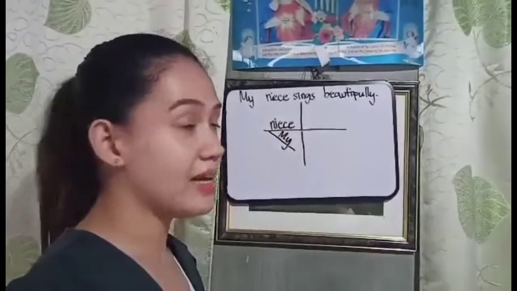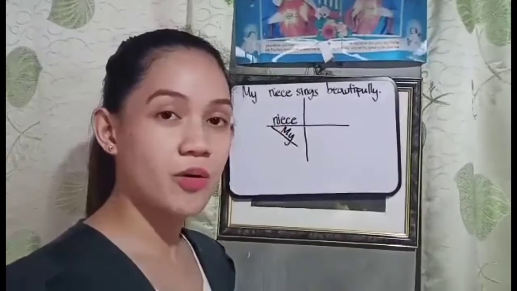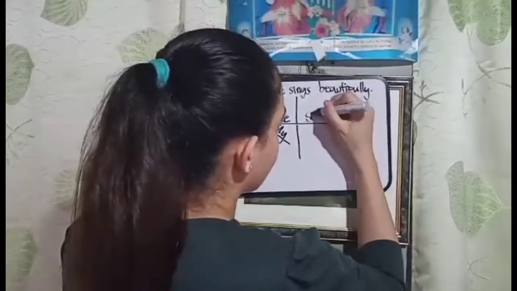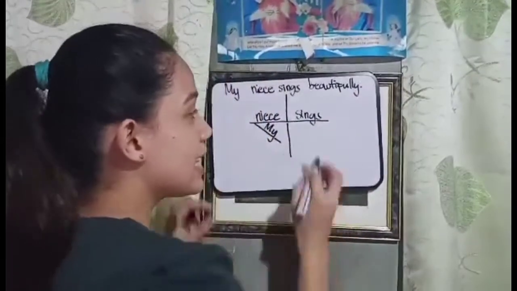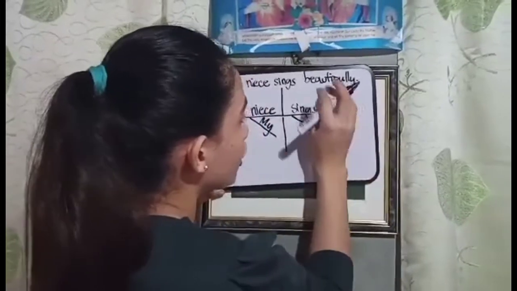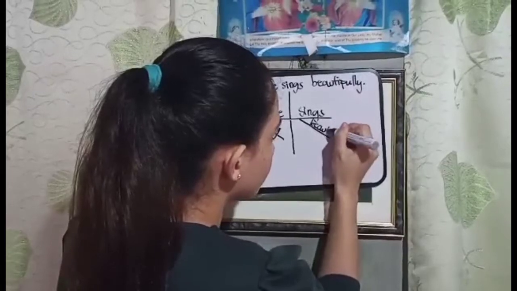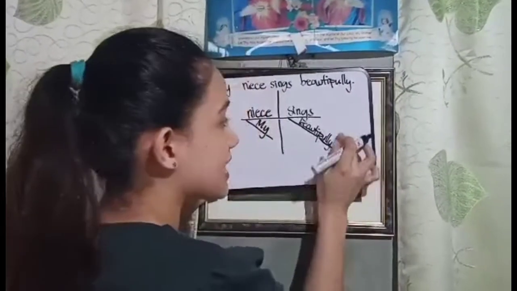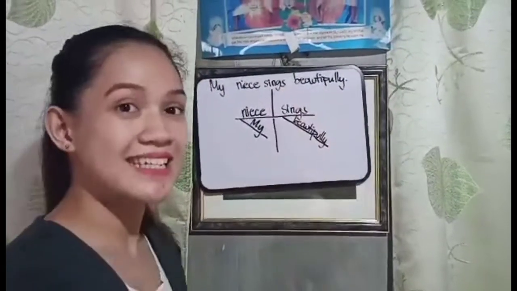Sings is the intransitive verb here since there is no object that will receive this action. Below sings, draw a slanted line here again to put the adjective beautifully because it modifies our intransitive verb here, sings.